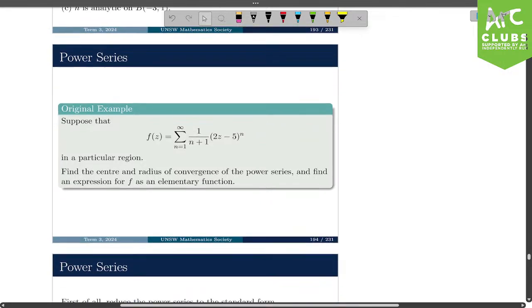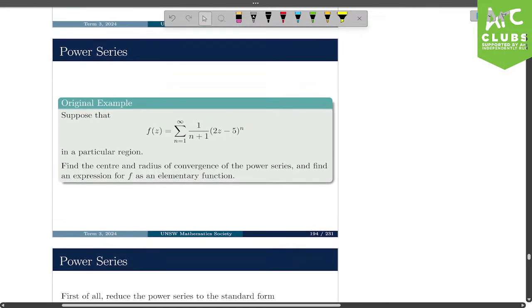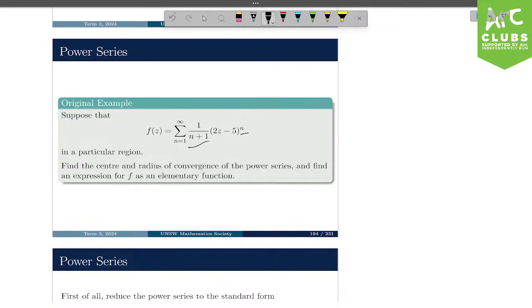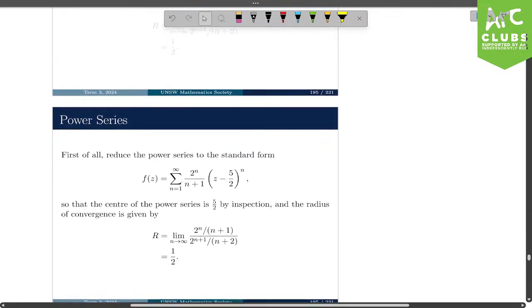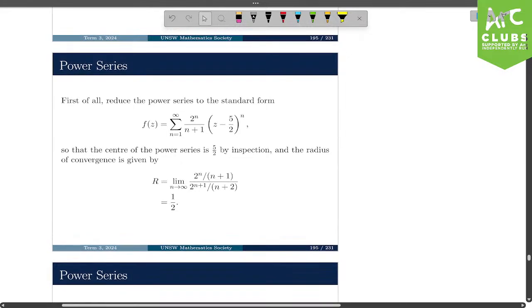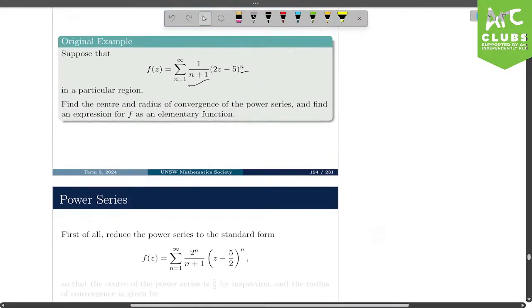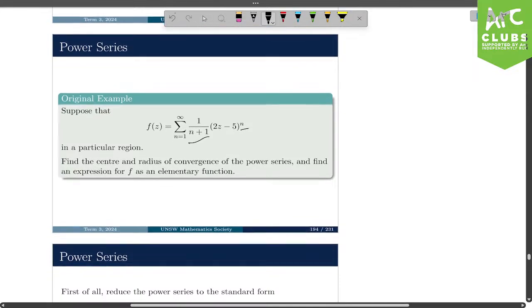We had that. We have another example, n plus 1. We can think again. N plus 1 here, and over here. I'm likely going to differentiate and use that same line of thought. So, first of all, standard form, there's a 2 in front.